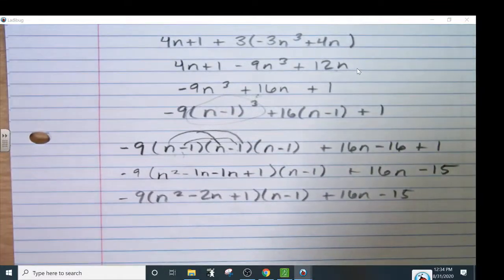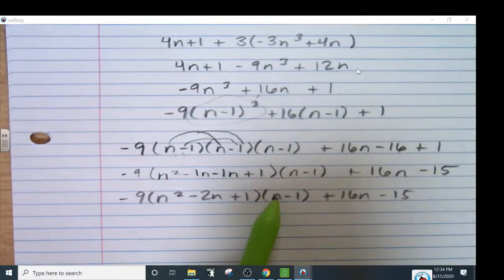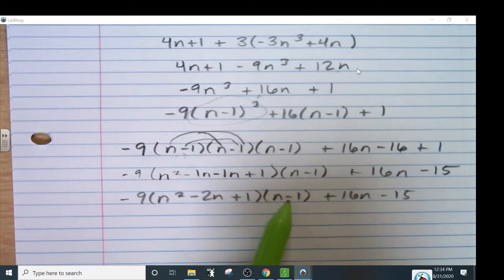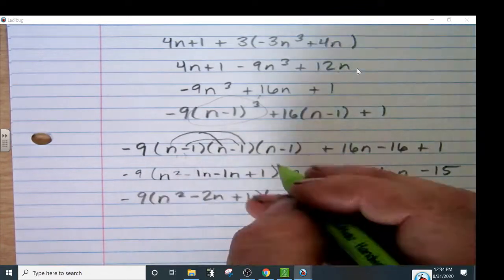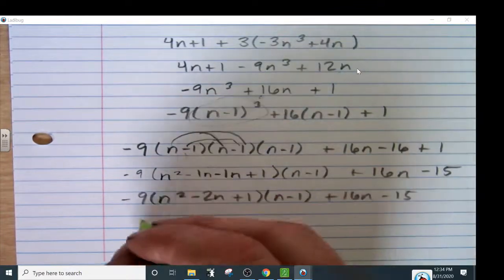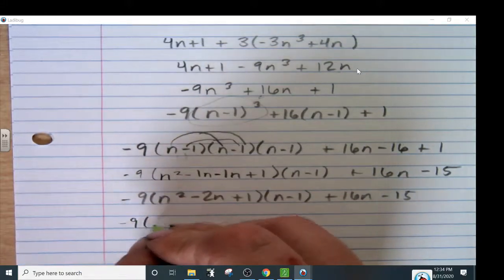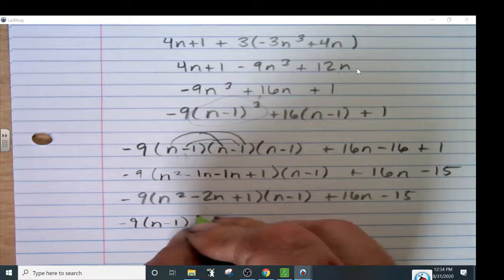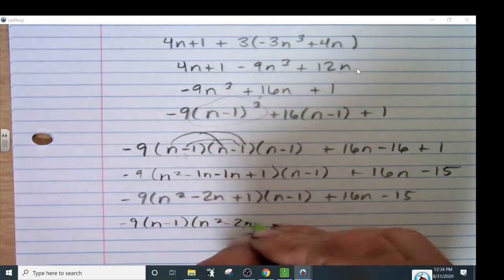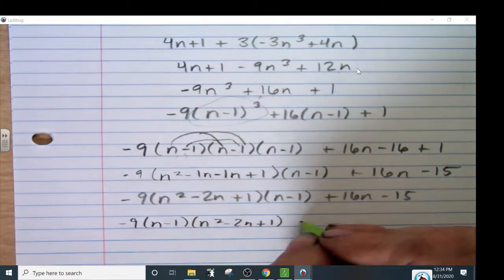Now, guys, what we're going to do? We're going to distribute this into this parenthesis. I'm going to put it up front so it doesn't look so funny.